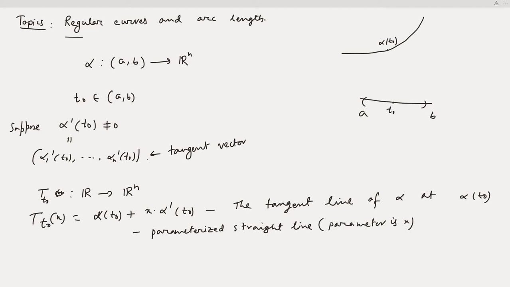And the trace of T sub t naught is the line. So this is the line, this is the tangent. Okay.